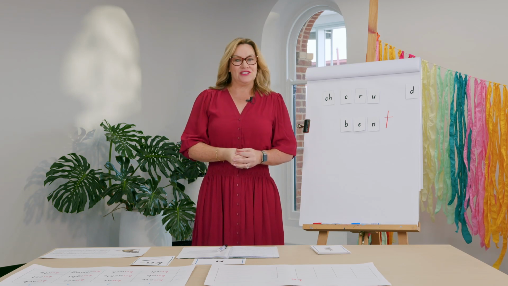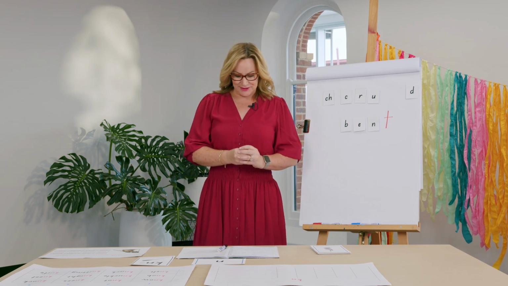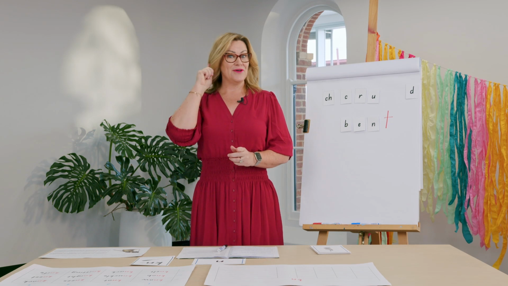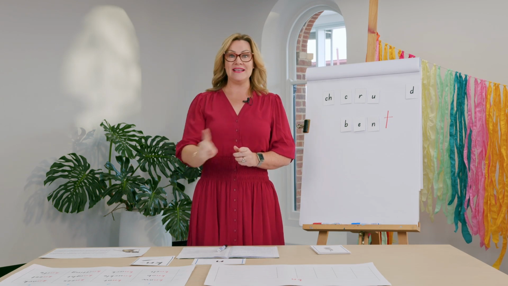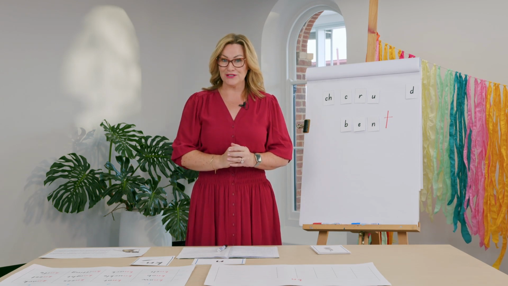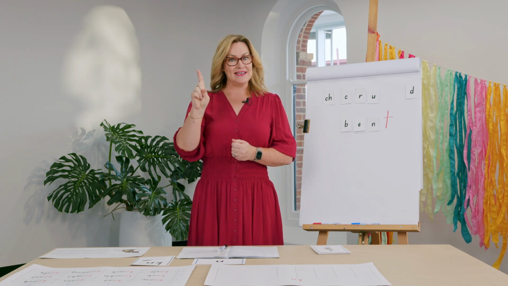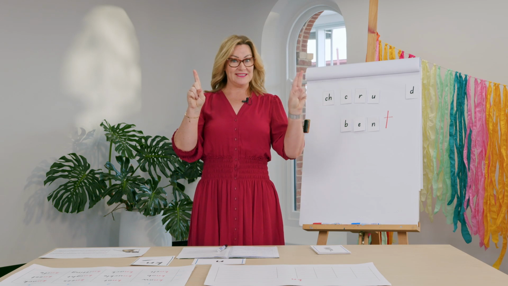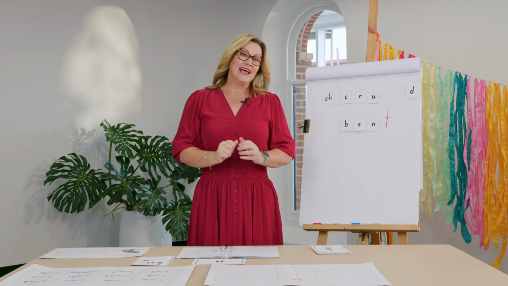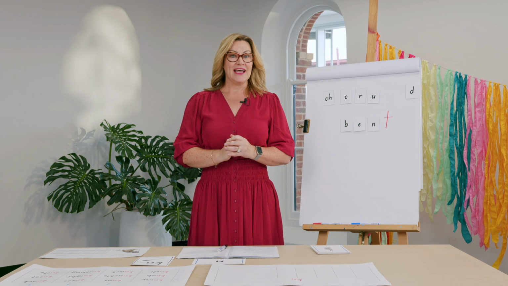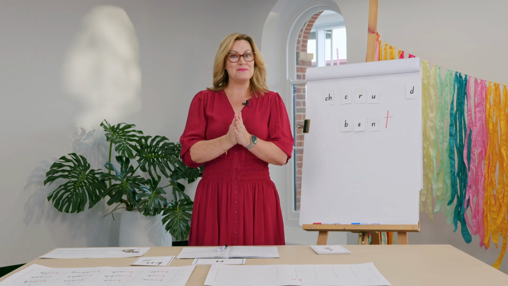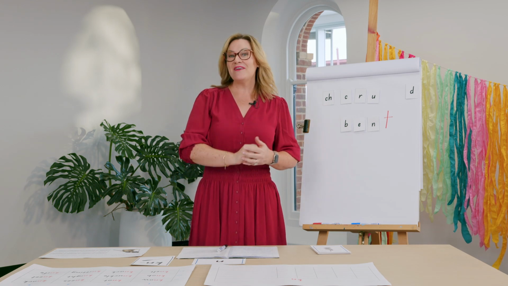So let's jump into our definitions. So starting with a phoneme. A phoneme is a single sound in a word. Then we have our grapheme. A grapheme is a letter or a group of letters that represent a single sound in a word. A syllable is a beat in a word, must have a vowel in it.